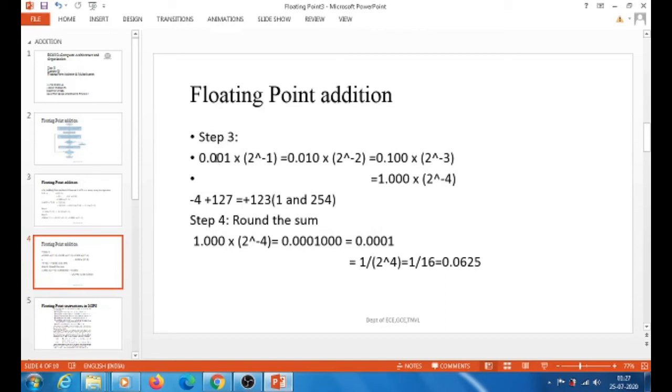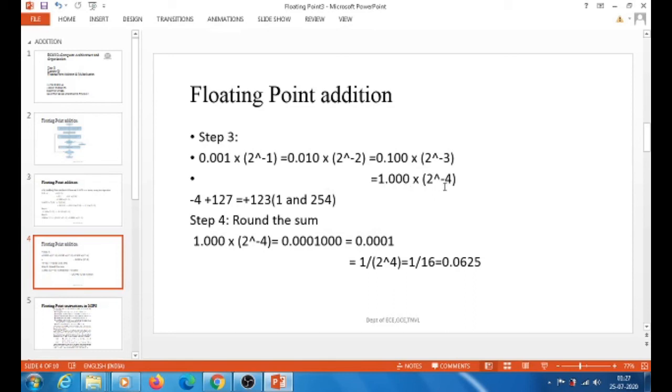If I want to make this 1 to the left of the decimal point, then I must shift. Already it is minus 1. I want to shift 3 positions to the right. So if I add 3, then it becomes minus 4. So this is 2 raised minus 2, this is 2 raised minus 3, and this is 2 raised minus 4. Okay, so 1.000 into 2 raised minus 4.